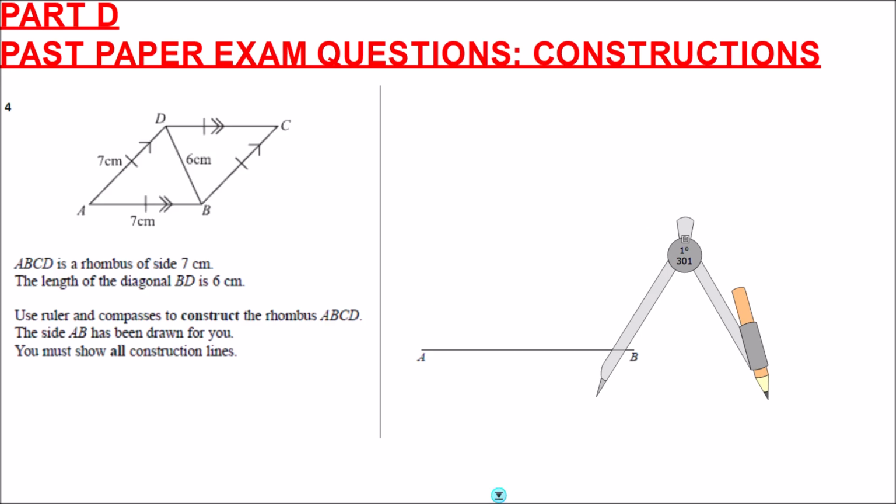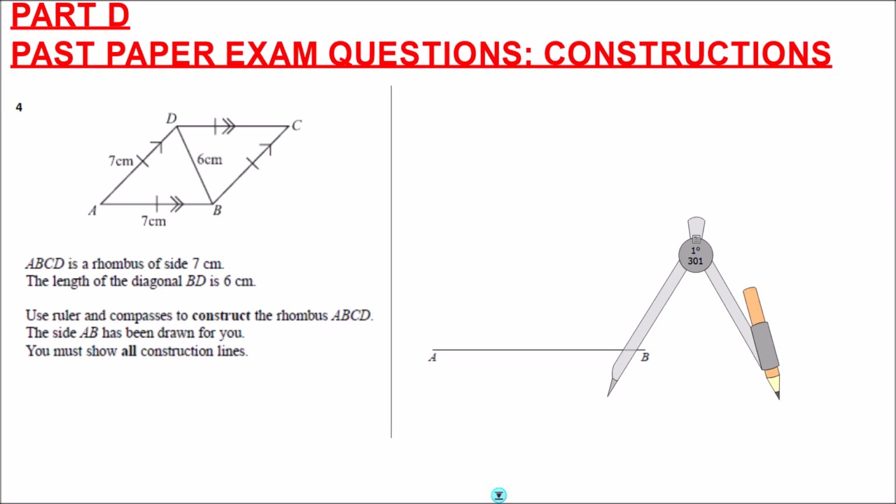Question 4, we've got here a rhombus. So the thing with a rhombus is that all sides are going to be the same length. So that's one thing we need to know for a rhombus.